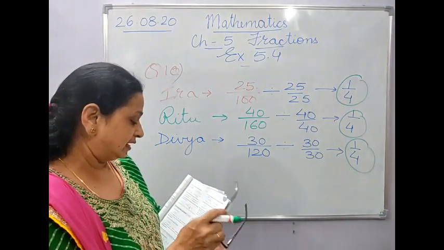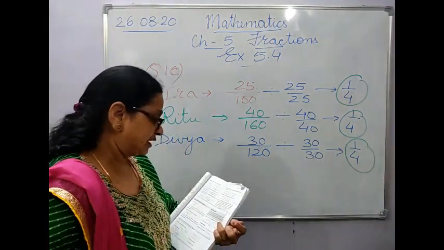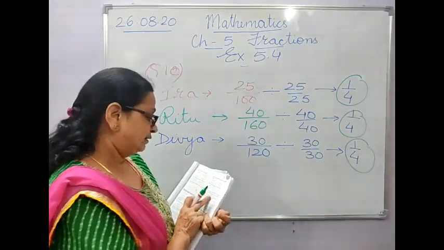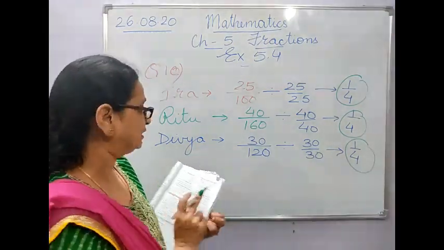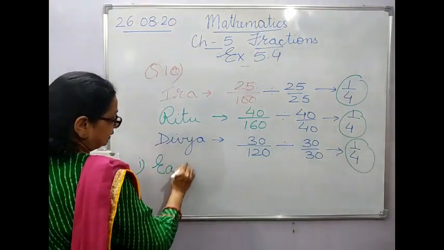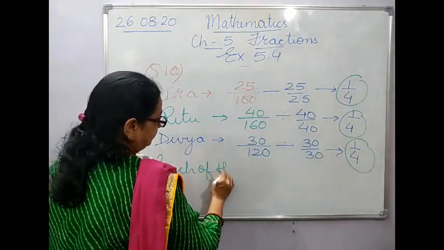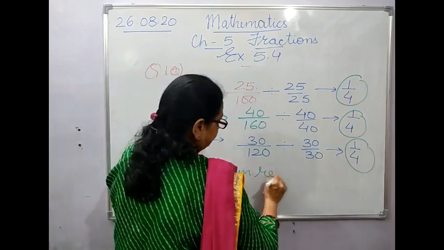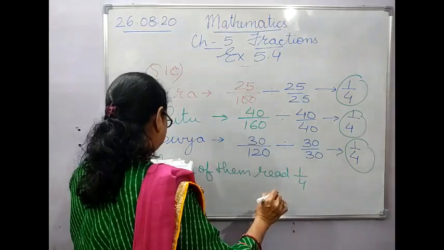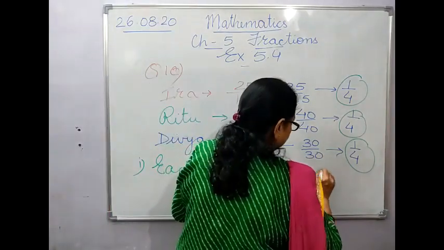They have asked, have they read the same fraction of their books? Yes. And the first part, what fraction of the book did each read? Each of them read 1/4 of the book.